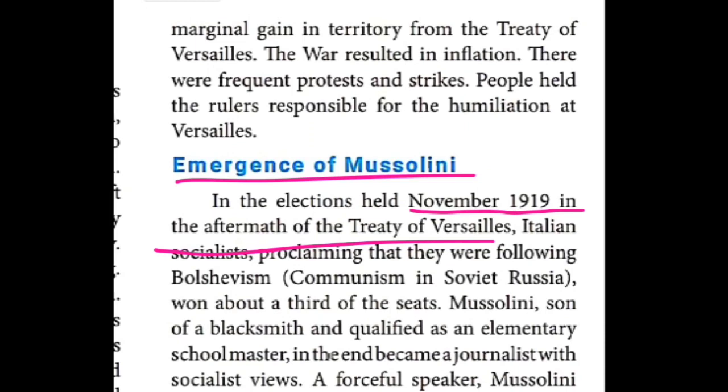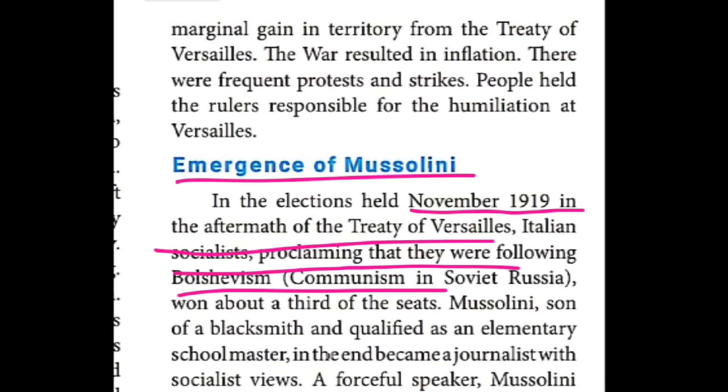So Italian socialists proclaimed that they were following Bolshevism. In the last class I said, Bolshevik party supported Lenin, and later it was renamed the Communist Party, prevailing in Soviet Russia.